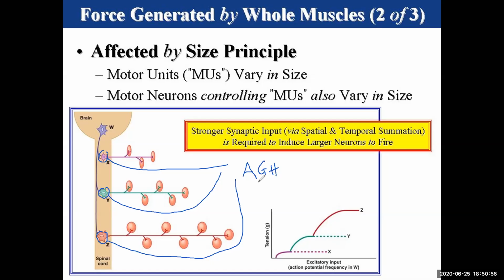A for anterior, G for gray, H for horn. So anterior gray horn of the spinal cord, or the ventral gray horn of the spinal cord.